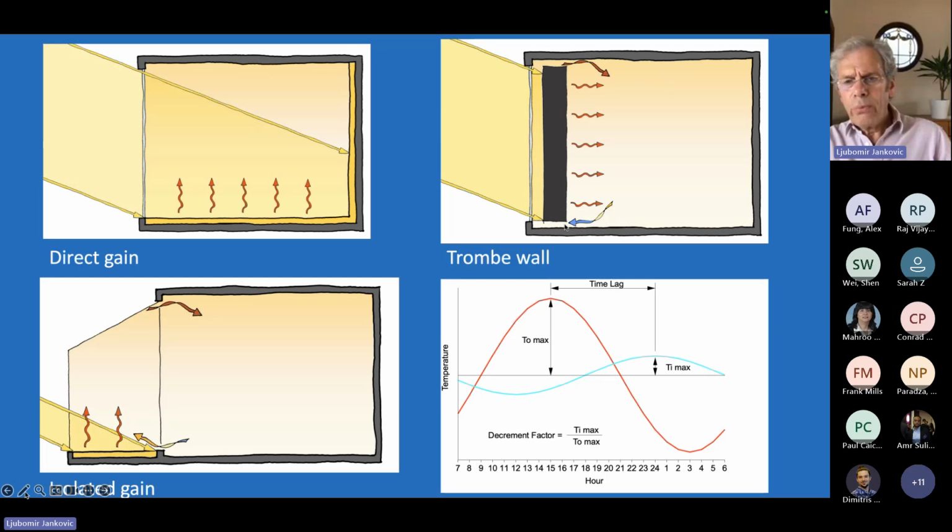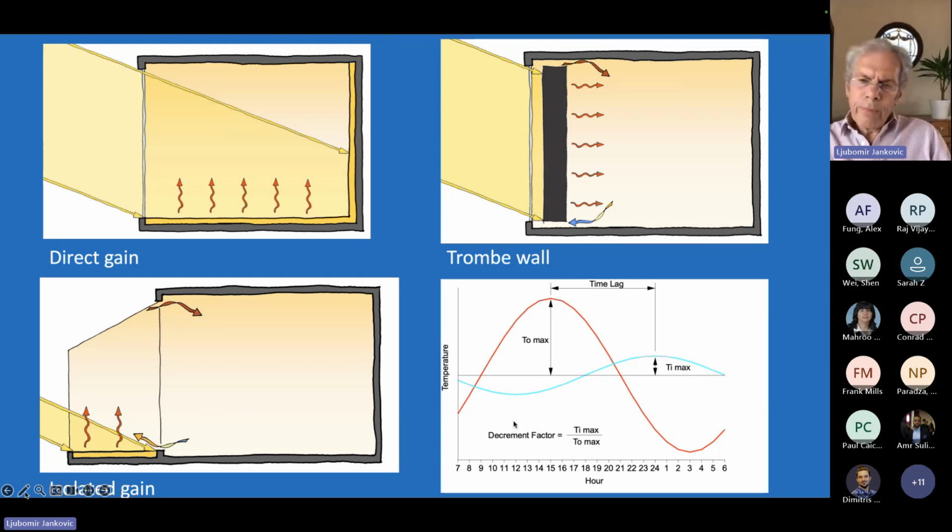And we also have openings at the base and top to circulate air through the cavity by natural ventilation. Isolated gain is a sun space with high density floor. Solar radiation is absorbed there, and heat is radiated into the space, and then there are openings at the top and base to exchange heat between the sun space and the internal space.